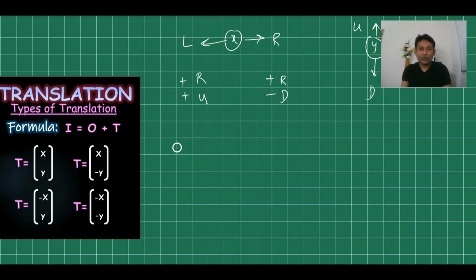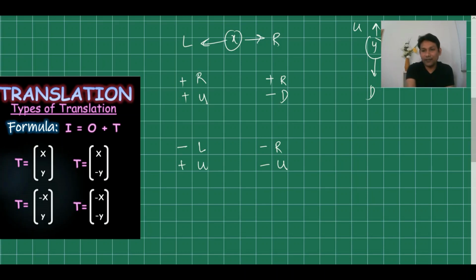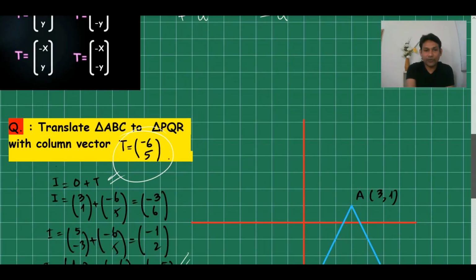Here x is negative and y is positive. Negative means I have to move left and positive means up. Here both are negative, which means I have to move left and down. So by using these translations, I know whether to move right or left, up or down. Now if I move to the question, which type of translation is given here?